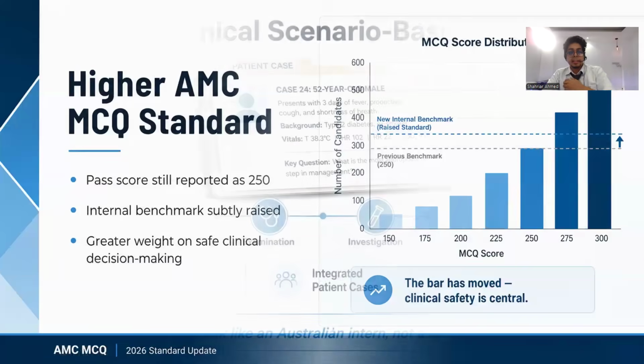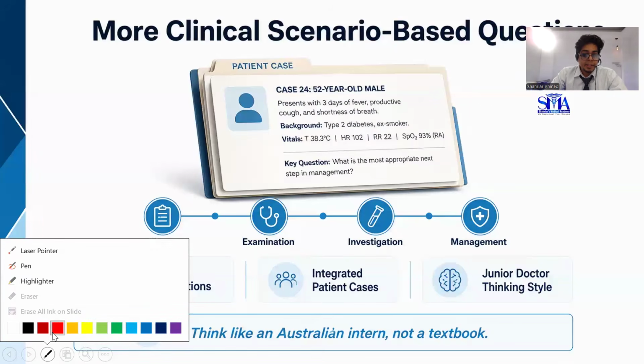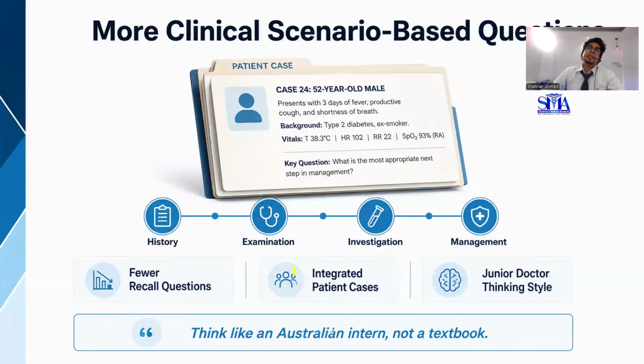Coming to the next segment, if you have already seen that part, yes. Very important: if you see this part, think more like an Australian intern. Let's see some differences. A lot of things in our country we think of in our own way as doctors. So it's not like an Australian intern, but the level actually.